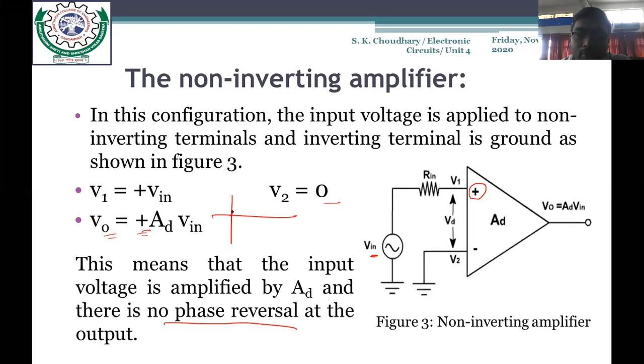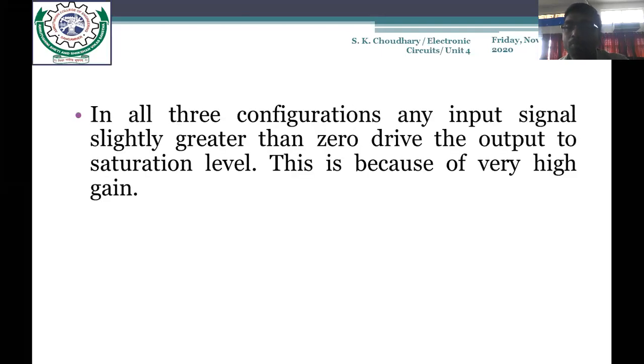This is your input signal, so the output signal would also be amplified but in the same phase. Okay, this is the basic difference between the inverting and non-inverting amplifier. So these are the three main configurations used in the open loop op-amp.